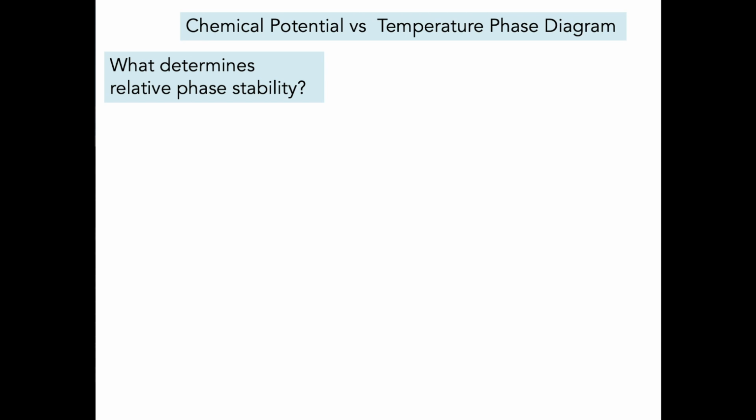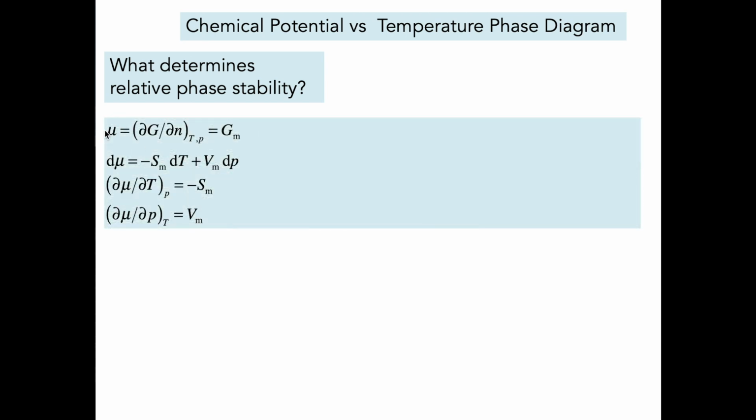So let's ask the question, what determines the relative phase stability? And to answer that, we're going to have to introduce the idea of phase diagrams. The first one we're going to look at is a chemical potential versus temperature phase diagram. Now we know how the chemical potential is defined, right? It's just the molar Gibbs energy of a pure substance.